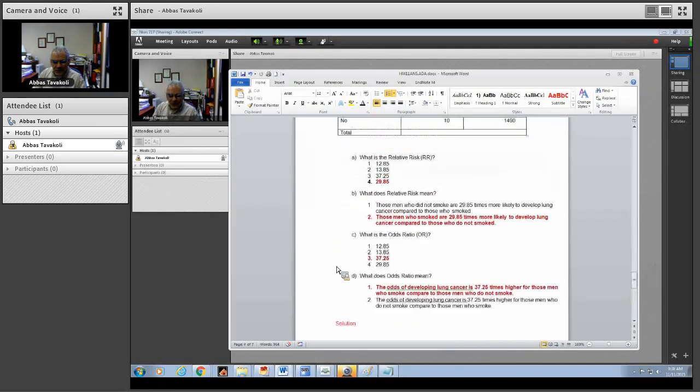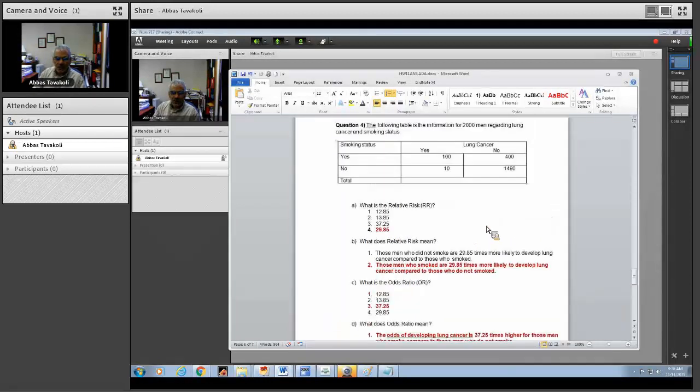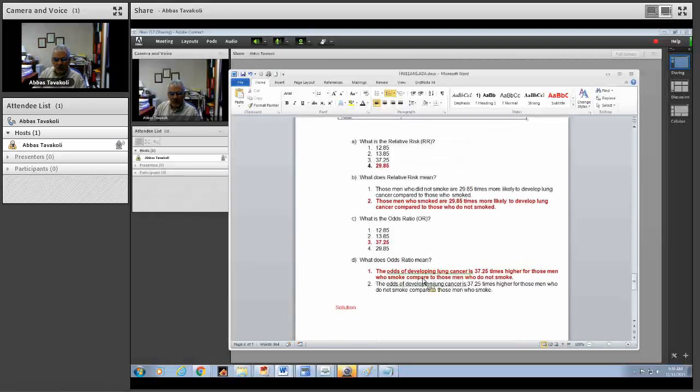And the way you interpret, again, for relative risk: those men who smoke are 29.8 times more likely to develop lung cancer compared to those who do not smoke. Here we go from exposure to disease. In odds ratio, we said the odds of developing lung cancer is 37 times higher for those men who smoke compared to those men who do not smoke.